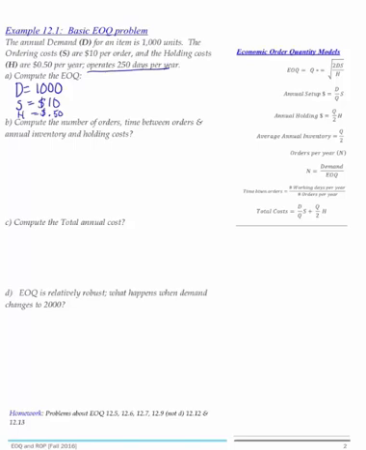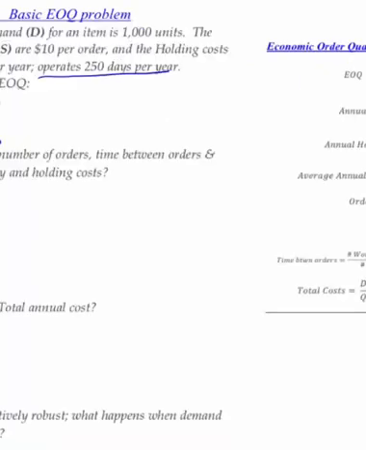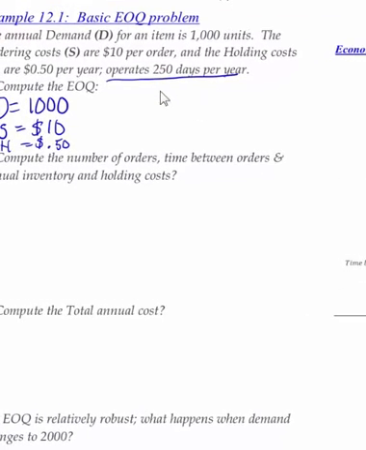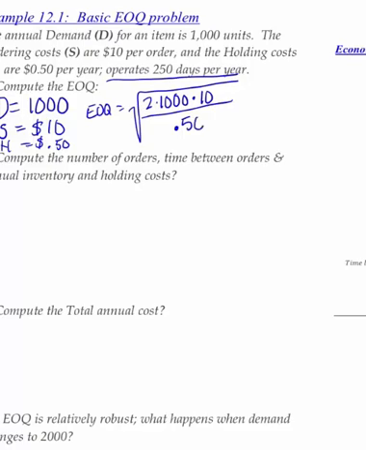And with that, we can go ahead and calculate several different things. So the first thing we want to calculate is going to be the economic order quantity. EOQ will equal the square root of 2 times 1,000, that's our annual demand, times S, which is going to be 10, divided by H, which is 0.50.